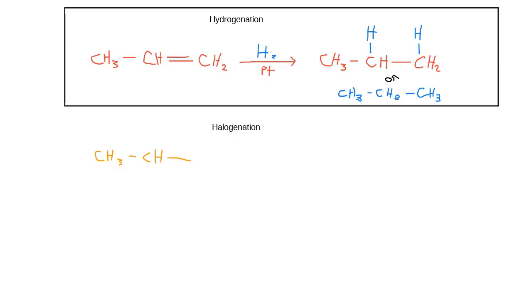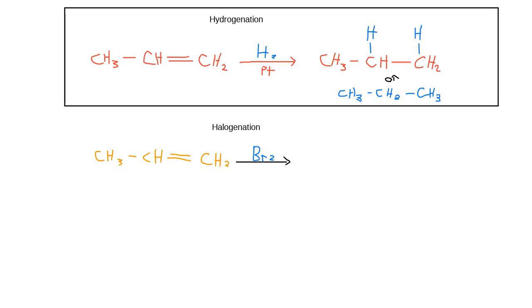We'll use the same alkene. And in halogenation, what happens is that the alkene reacts with a halogen. Now it could be either, we'll use Br2 in this case, but it could also be Cl2. It could be F2. It could be I2. But halogenation involves the reaction with a halogen.